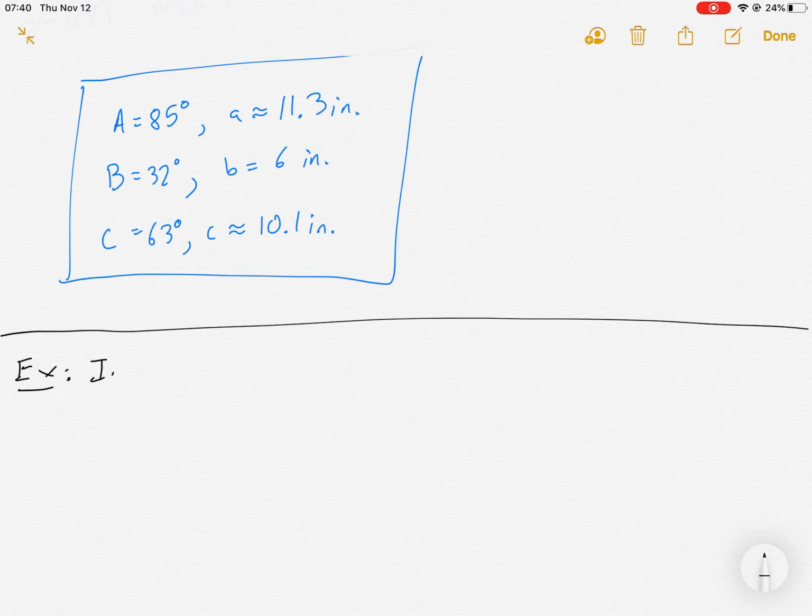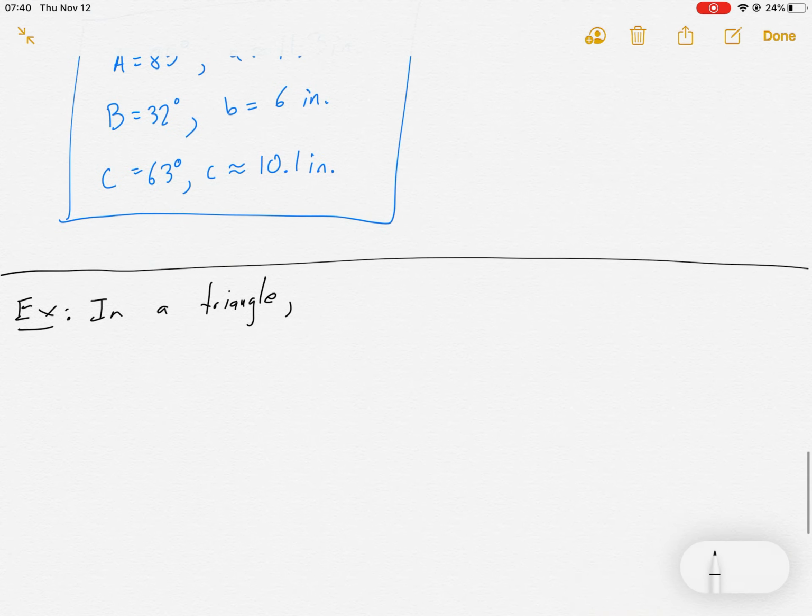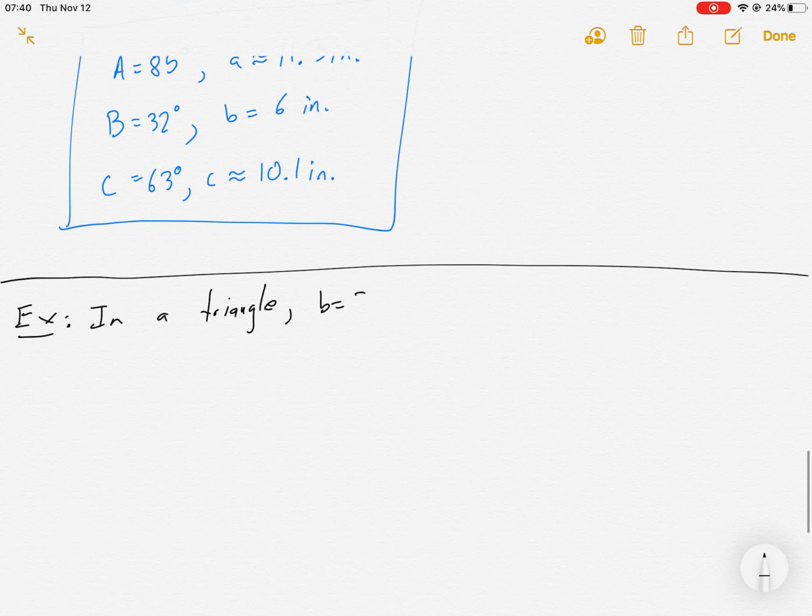All right, let's try another example while we're looking at this. Let's say in a triangle, we'll do side B again, 3 feet. Angle A is 14 degrees, and then angle C is 110 degrees.